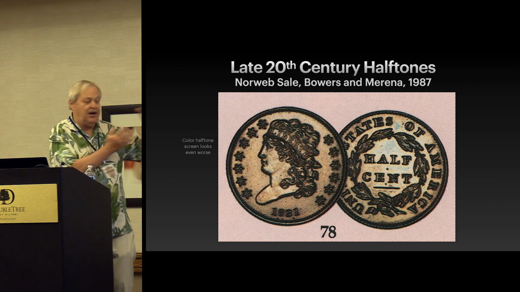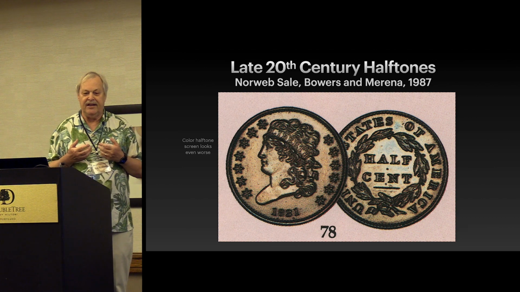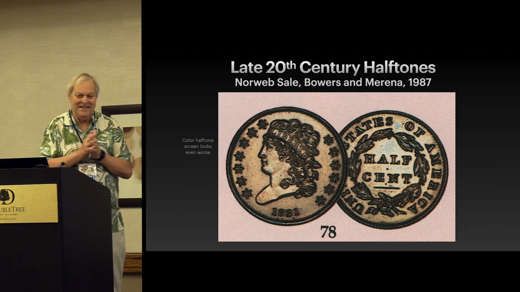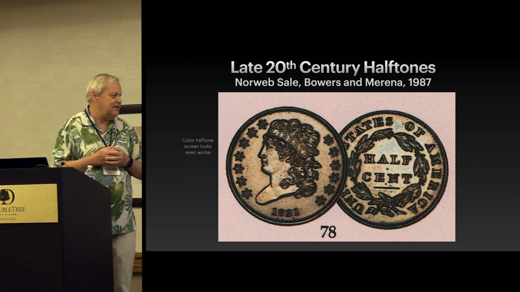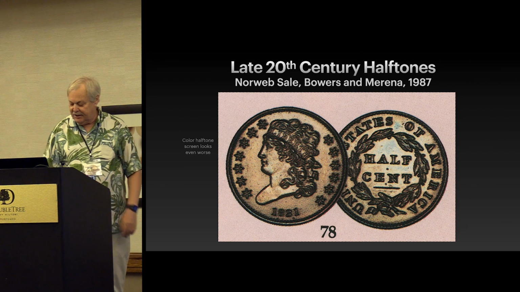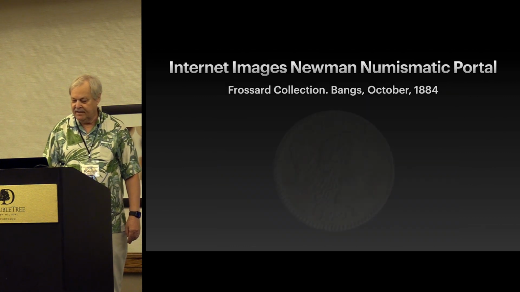I mean, you do see the color, I guess, but if you try to look at that through a magnifying glass and enlarge it, it looks like crap, okay? Again, that was the state of the art. In my opinion, a color halftone screen looks even worse than a black and white halftone screen.